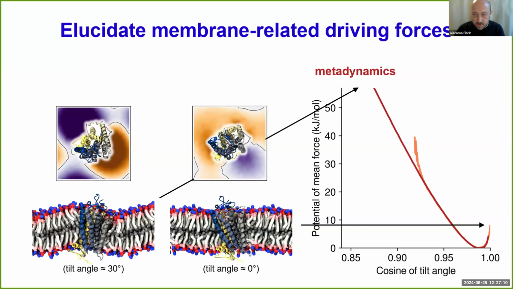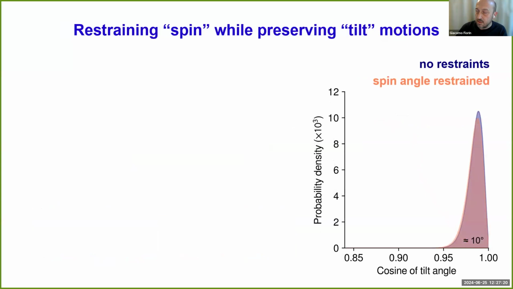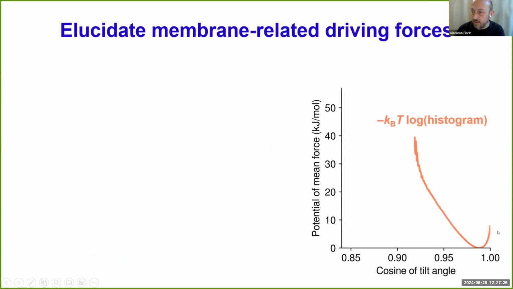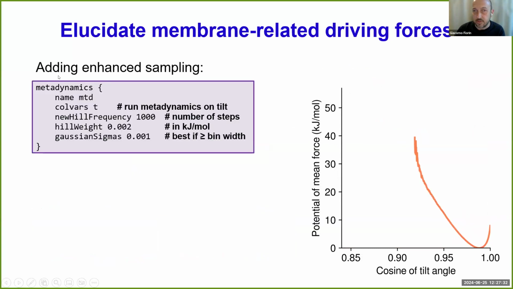I was just reprising the example from before to show that the protein, remember, has a certain variance for the tilt, and this variance can lead to a PMF, which you can get by taking the logarithm of that histogram, and that PMF you can reconstruct with any of the enhanced sampling methods that we have.